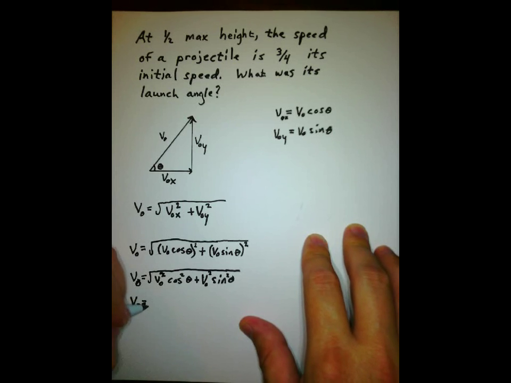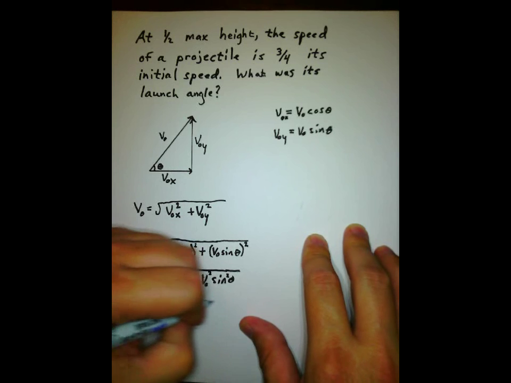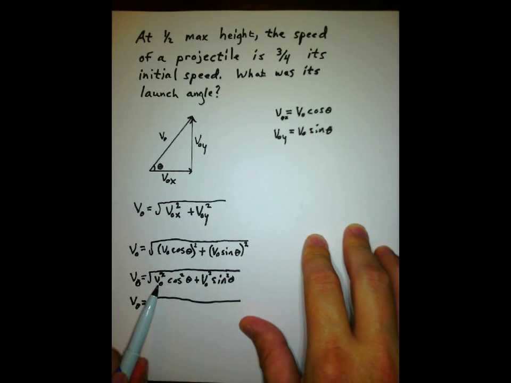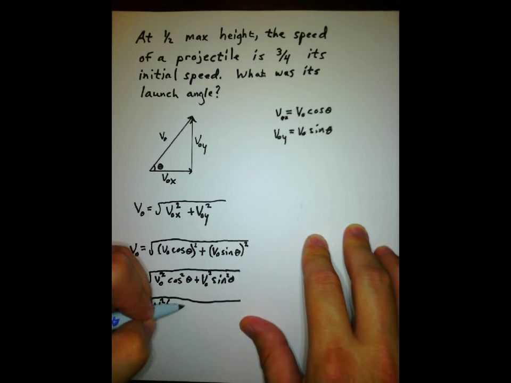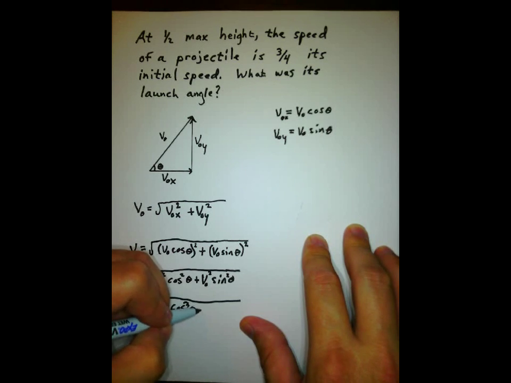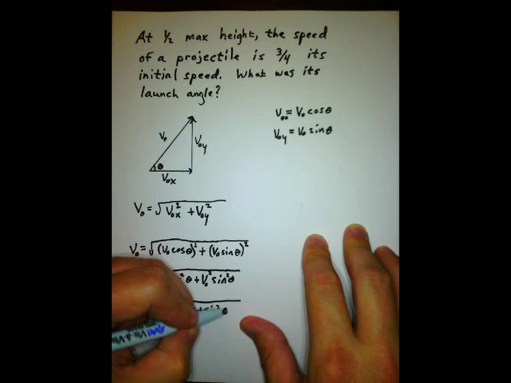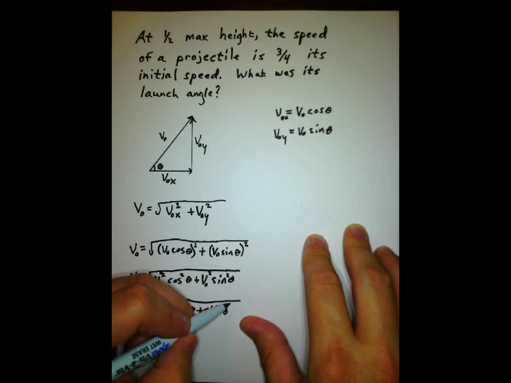All right, let's factor. We have a v naught squared here and a v naught squared here. So let's factor those out, and I've got v naught squared times cosine squared theta plus sine squared theta.